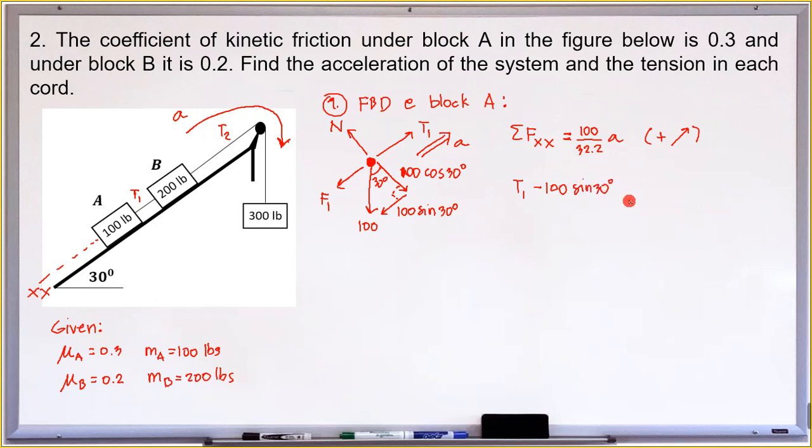So, T1 minus 100 sine 30 degrees minus the friction, is equal to, again, 100 over 32.2 times acceleration.